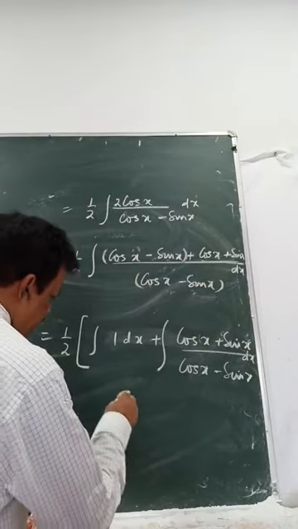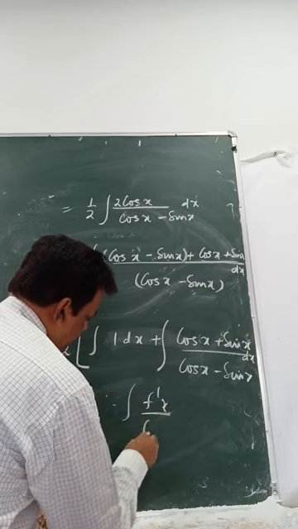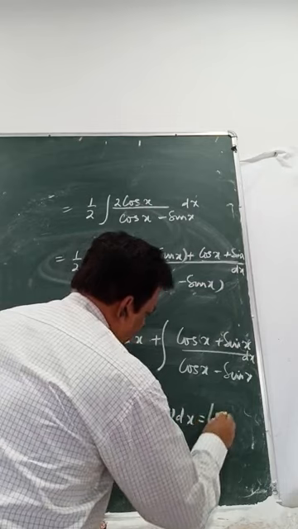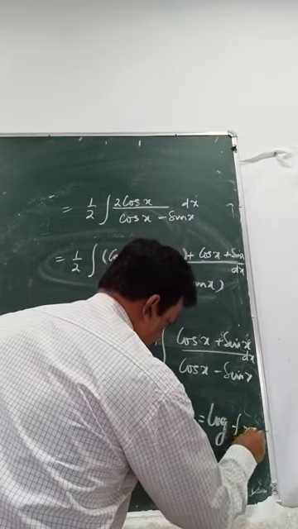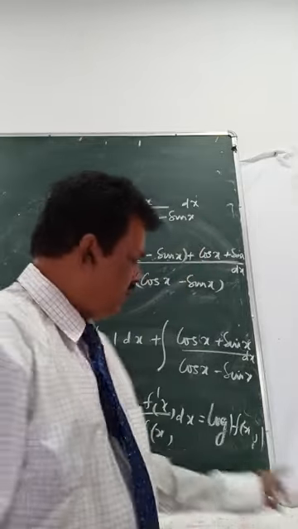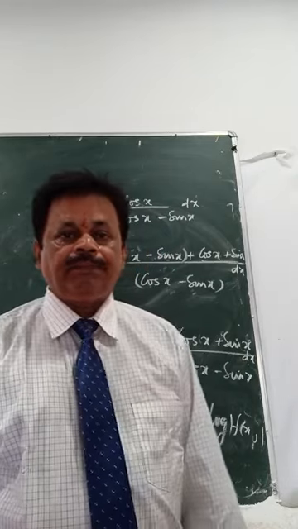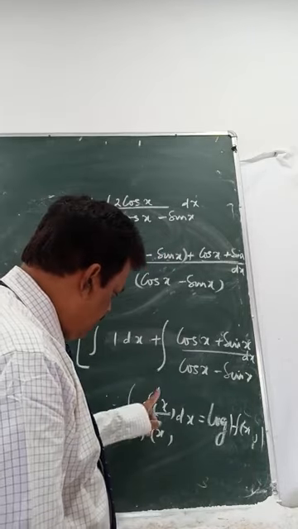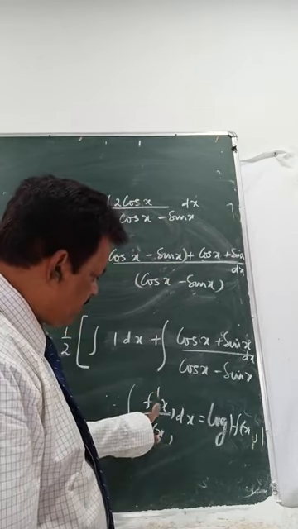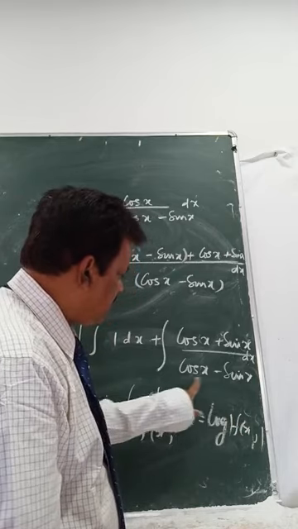So that is f dash x by fx equals log fx. This will be used frequently when we go for higher integration, because substitution every time is very lengthy. So what I do here is, f dash x by fx means if this derivative is present here, then the integration is log of denominator. Check here whether this derivative is present or not.